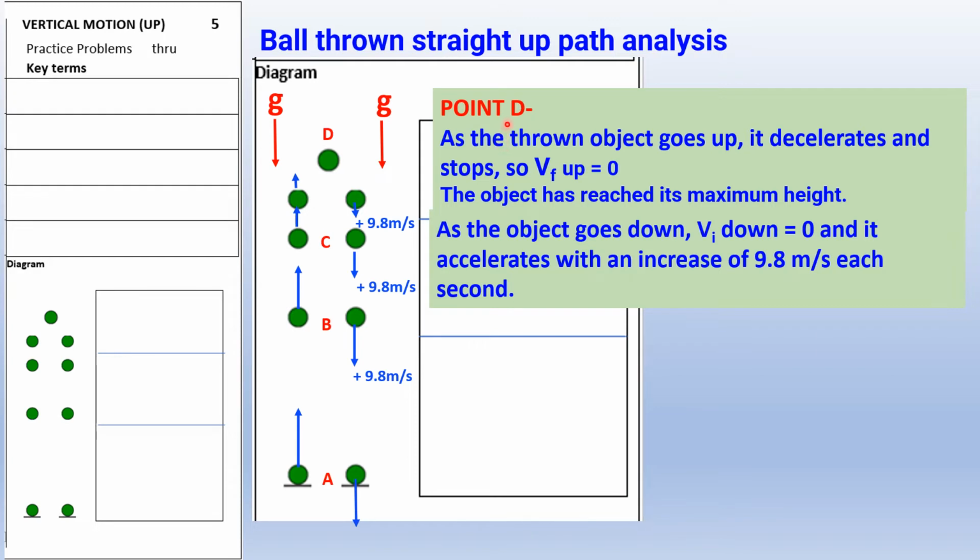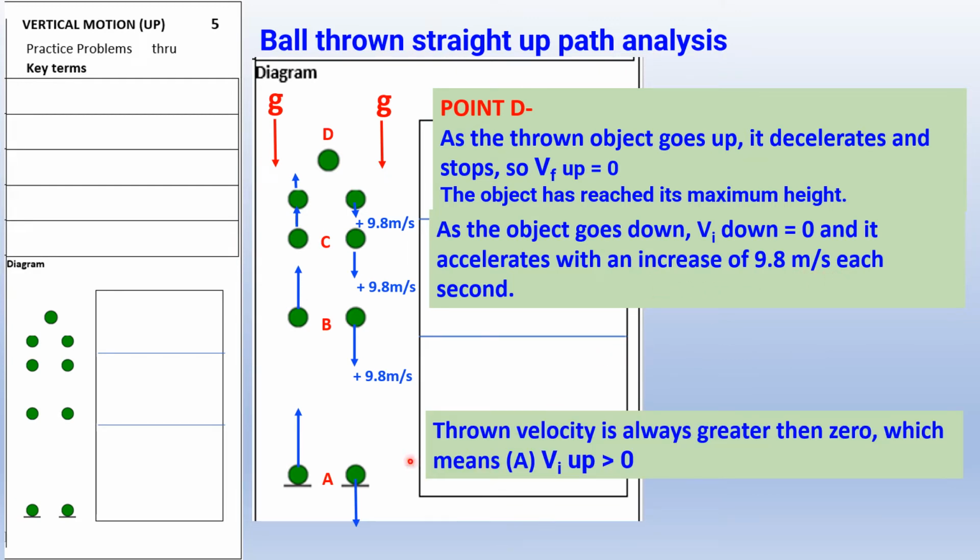Also at point D, as the object goes down, the initial velocity down is 0 and it accelerates with an increase of 9.8 meters per second each second. The thrown velocity is always greater than 0, which means at point A, the initial velocity going up is greater than 0.